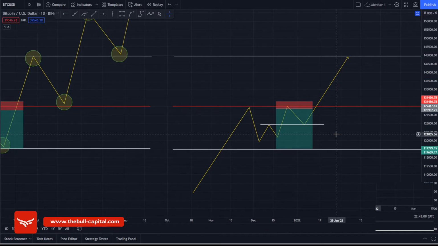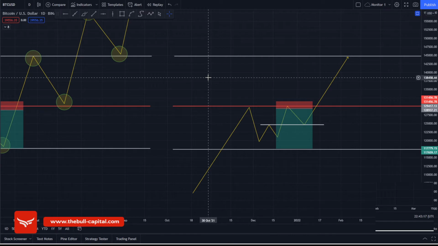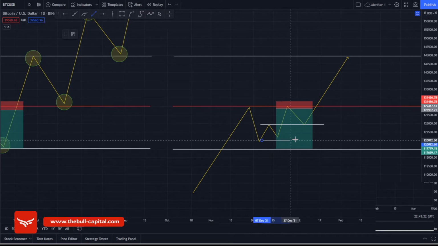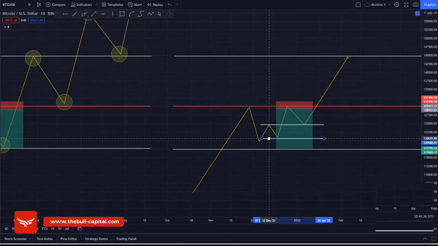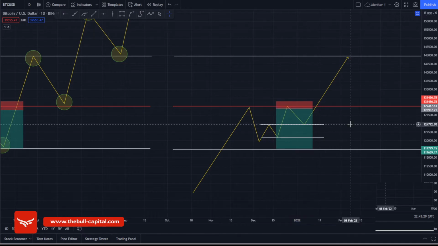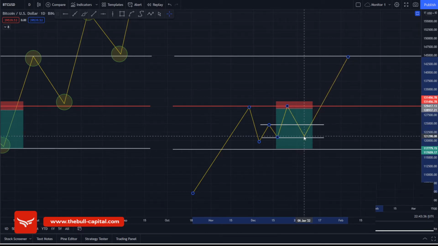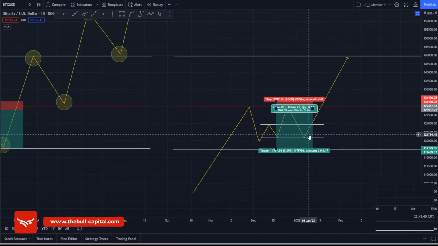And the next one is this valley here. It acts as support also, and when it breaks this support, it's going to go to the next one, which is this one here, and you can also take profits there.